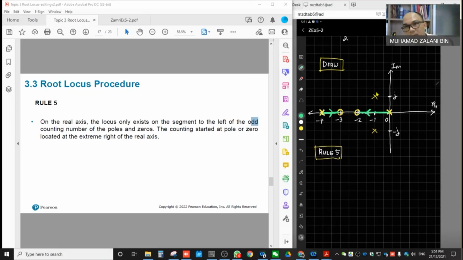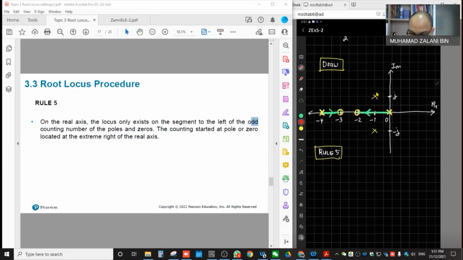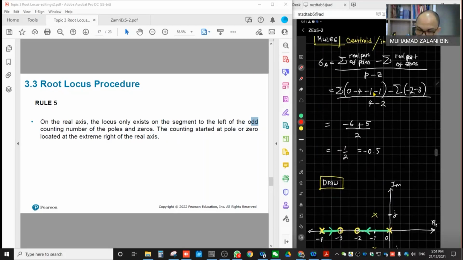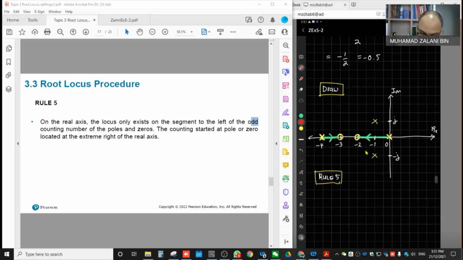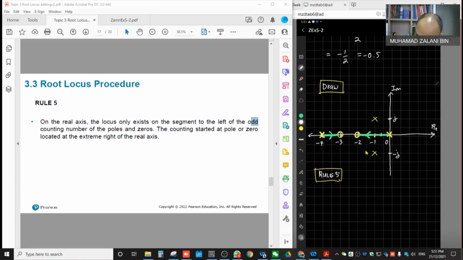Since we already got our angle of asymptotes, we can draw the asymptotes first. Let me use the red color to draw the asymptotes. Where is the location of the centroid? The centroid is -0.5, which is around here.